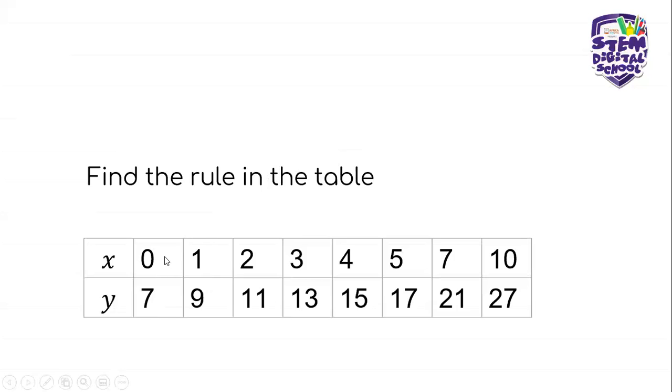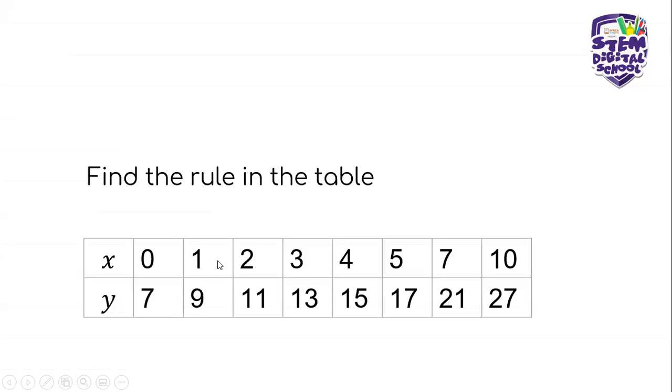Remember, 0 is the first input value, and if you multiply that by 2, you will definitely get 0. And then if you add 7, it will take you to the output value, which is 7.